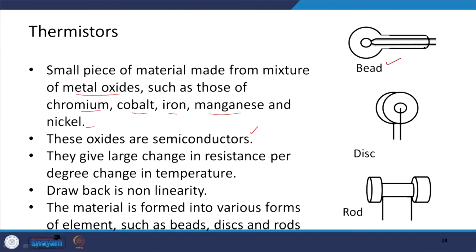Okay. And again the drawback of these devices is that there is a non-linearity, and this material can be formed into shapes, say you have a bead, you have a disc with two terminals, you have a rod with two terminals like this.